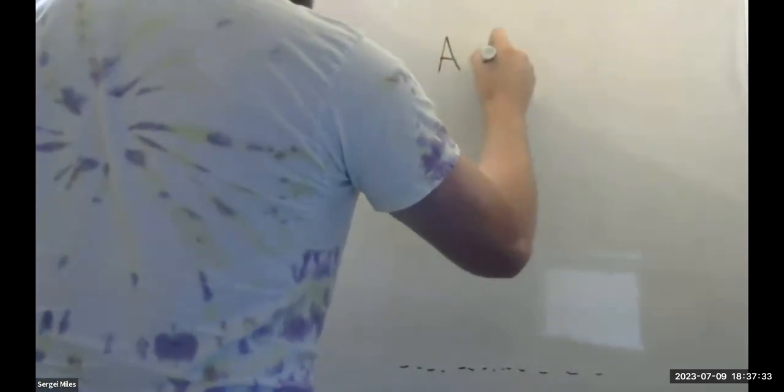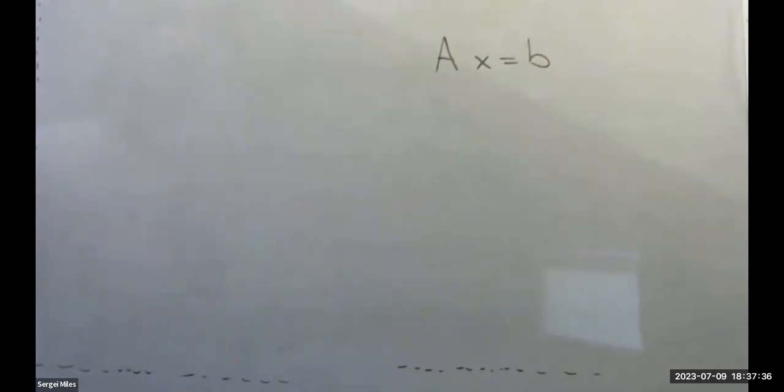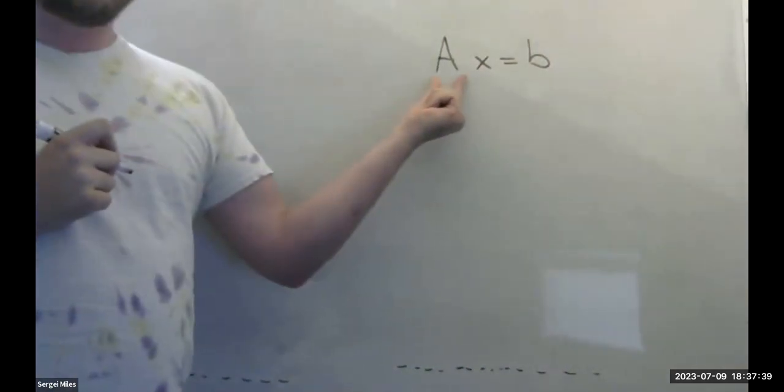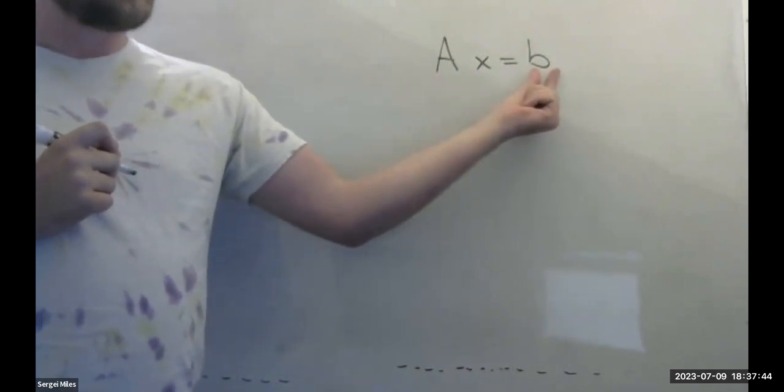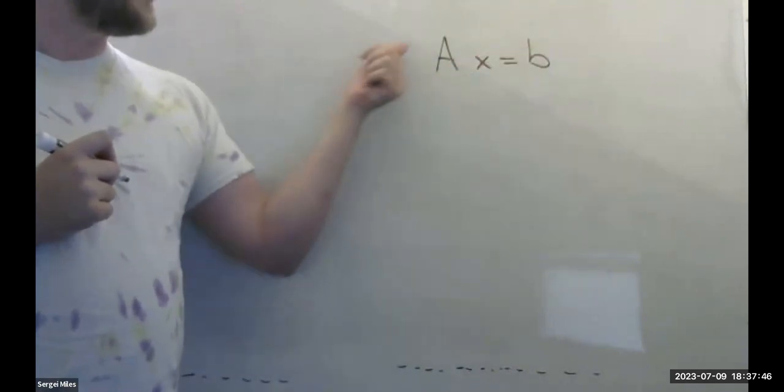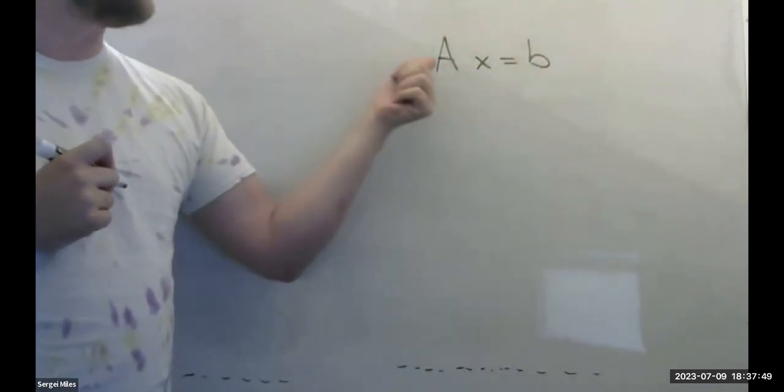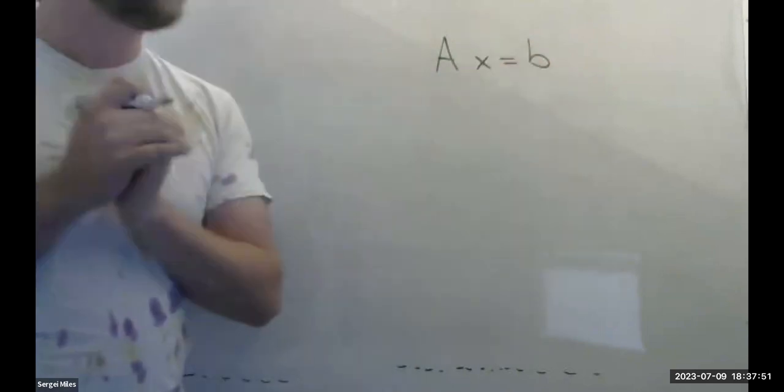However, I want to also cover some new vocabulary with different types of systems of linear equations. So far what we've seen is that every single system of linear equations, we can write as this matrix equation AX equals B, where matrix A is our coefficient matrix, and B is a column vector, which is containing what each row of A is supposed to be equal to, right?